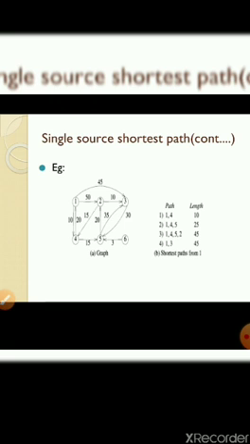1 to 4, 4 to 5 is 25. 1 to 4, 4 to 5, 5 to 2 is 45. 1 to 3 is 45.